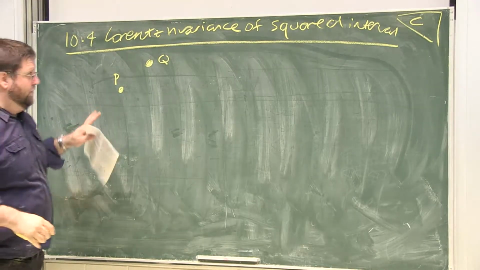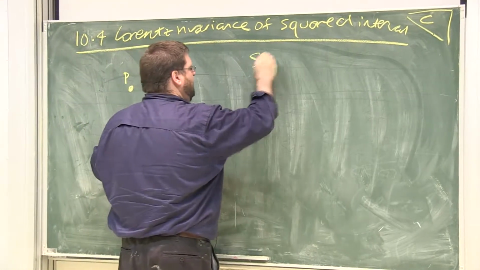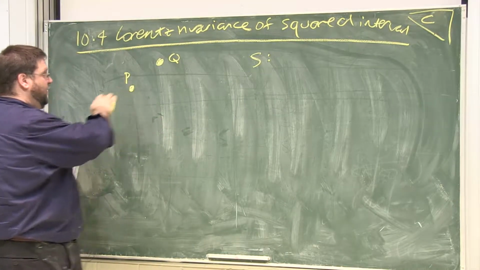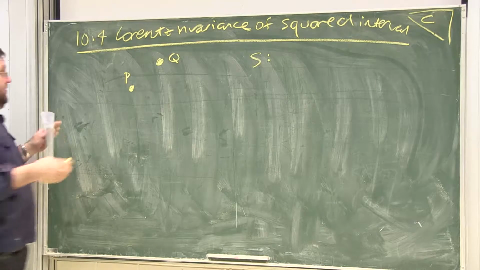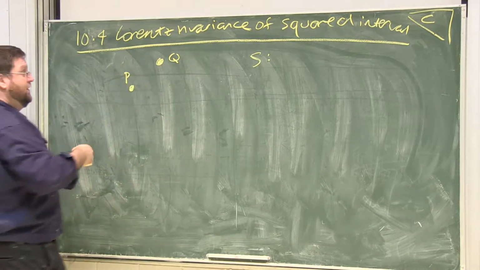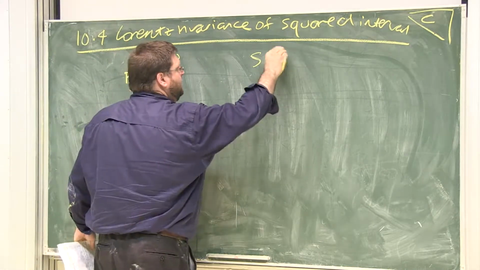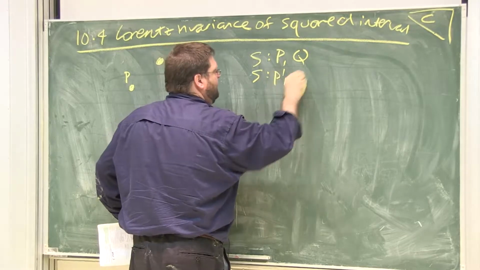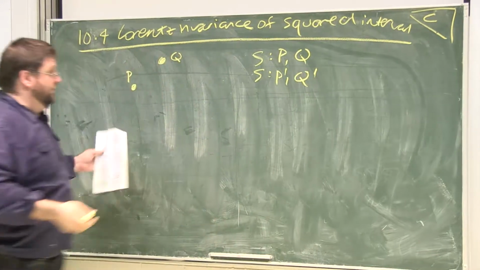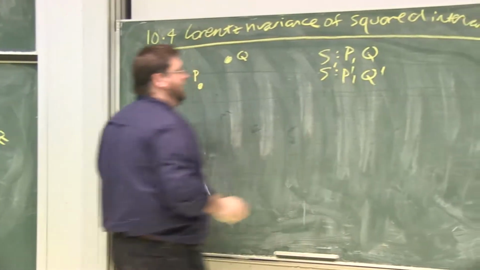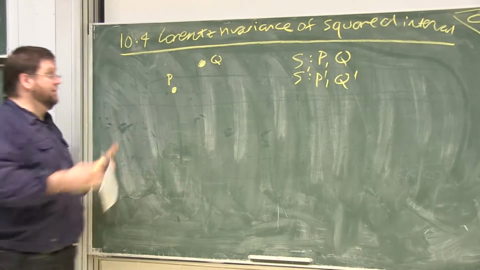And the observers will not agree on how to describe these events, because S will say the events have the coordinates P and Q, x1, y1, z1, t1, x2, y2, z2, t2. S prime will say, no, it's actually P prime and Q prime. Those same events, S prime says, are x1 prime, x2 prime, etc. They'll disagree.